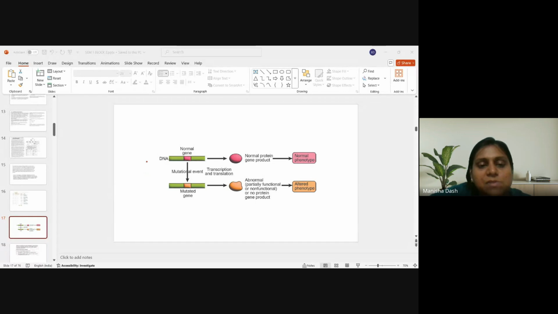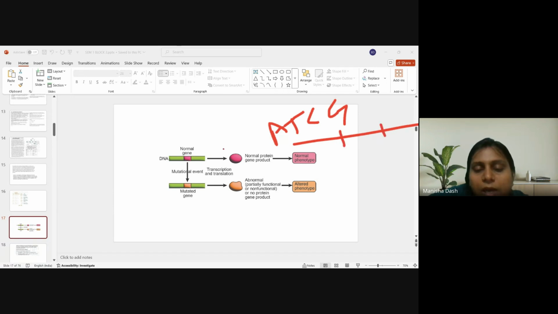So we know DNA is made up of 4 alphabets, A, T, C, G, and all these alphabets are arranged to give a particular sequence. The sequences can be depicted into 3-letter codons. The codons will be transcribed into mRNA codons, which are translated into amino acids that will form a polypeptide chain, ultimately leading to the formation of a protein.